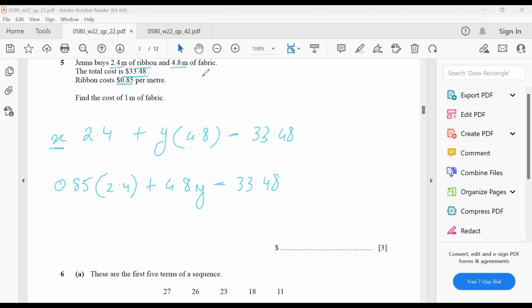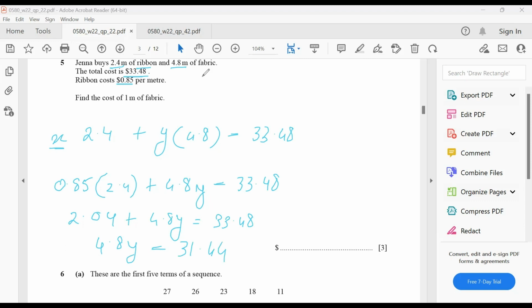So that will give us 0.85 times 2.4 is 2.04, plus 4.8y is 33.48. 4.8y is equal to 31.44.